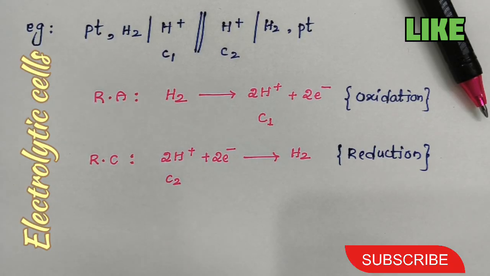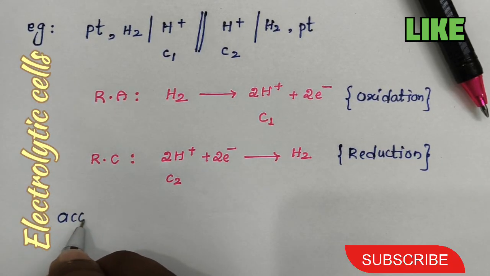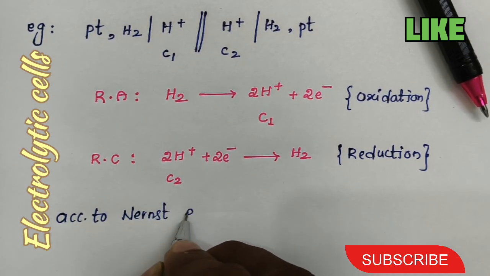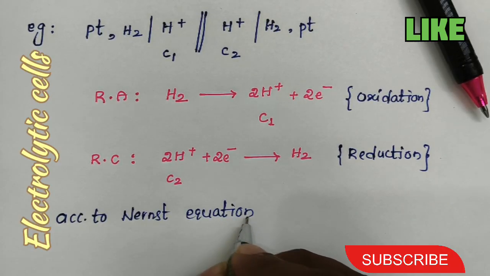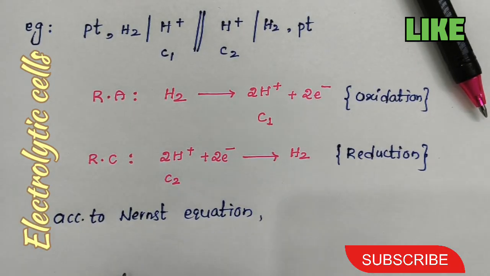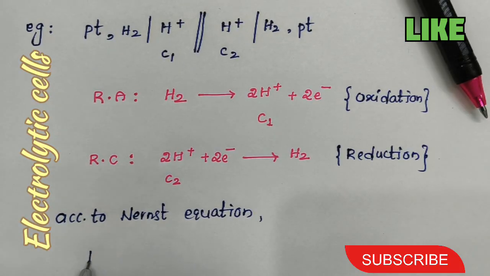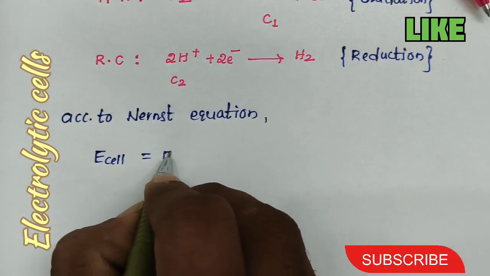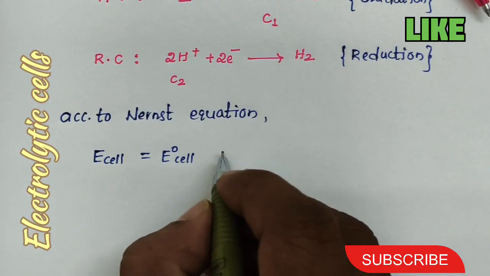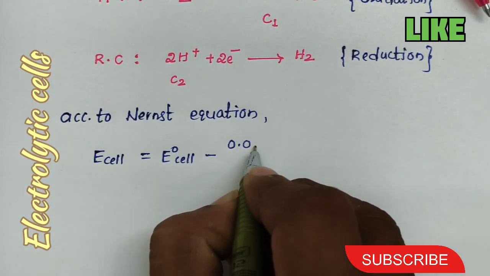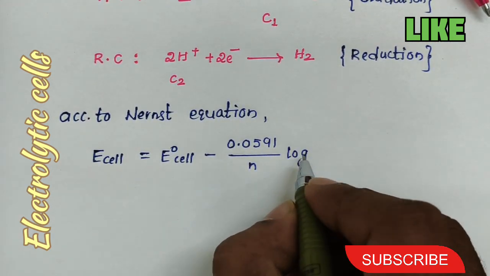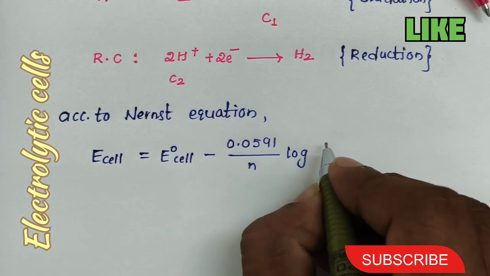According to the Nernst equation we can write E cell is equal to E naught cell minus 0.0591 by n log of the activity of H plus ion concentration.